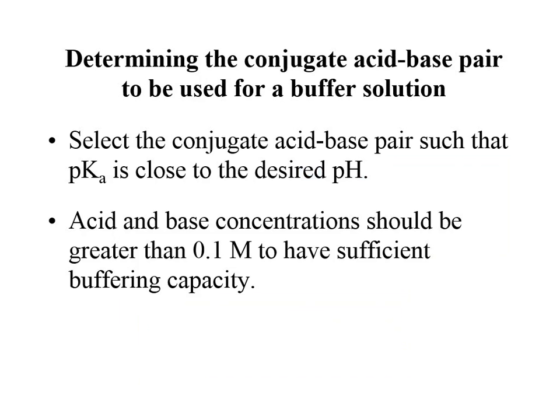When it comes time to find your conjugate acid-base pair to make a solution that you can dump acid and base in and it will resist pH change, since you're going to approach 1 here and this term becomes 0, you want to find a weak acid or weak base where the pKa is similar to your target pH.